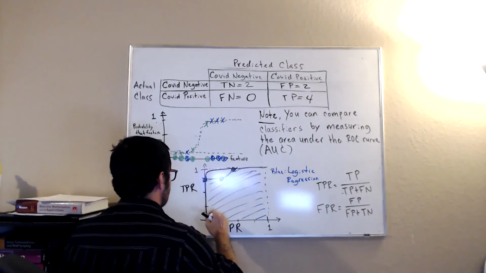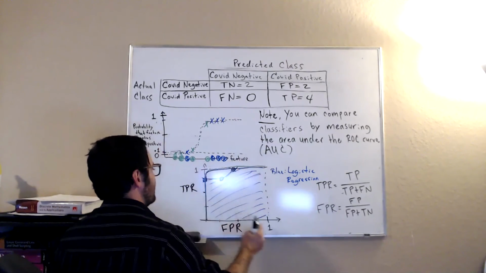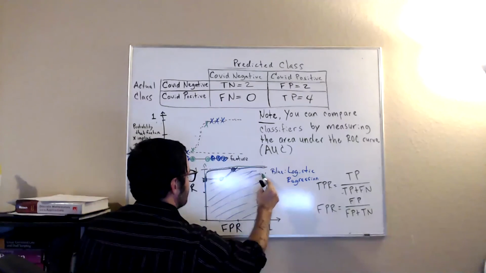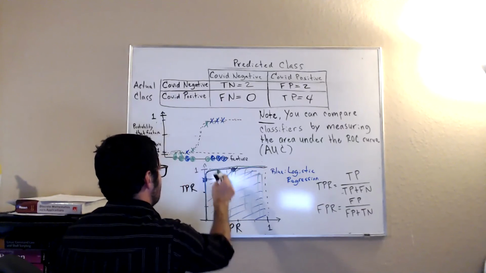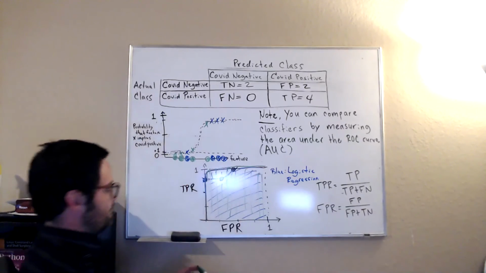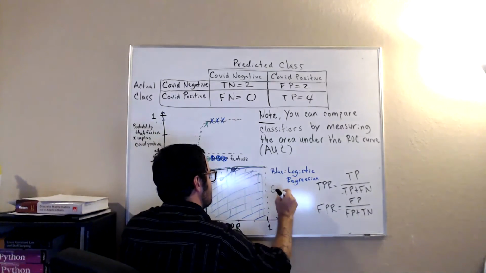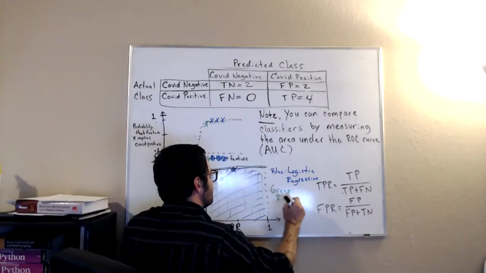So the ROC curve for the random forest looked like that, and its area was that. So green is maybe a random forest classifier.